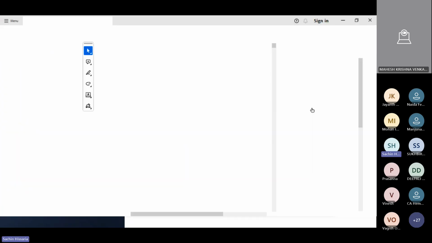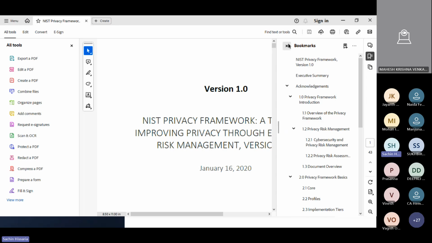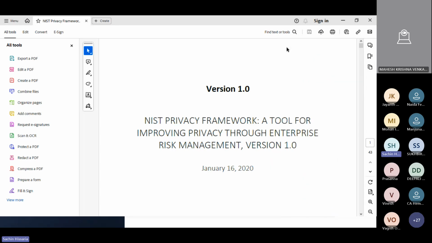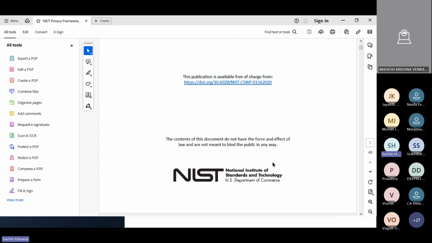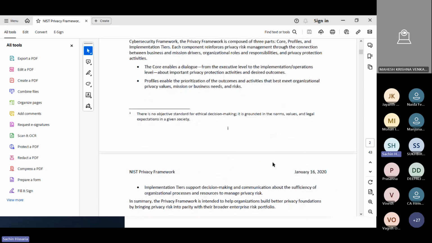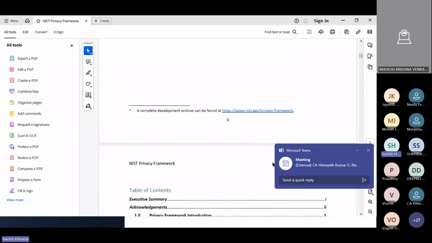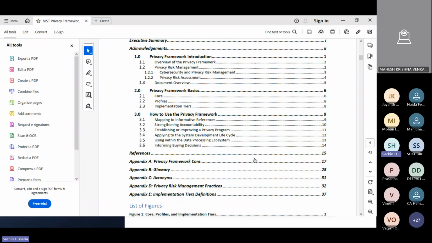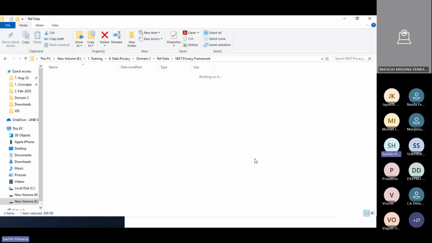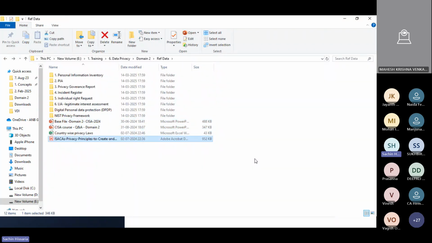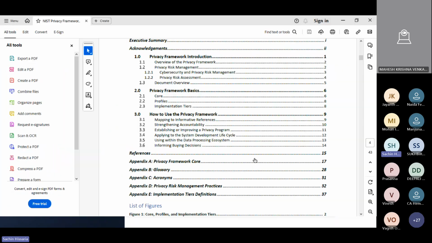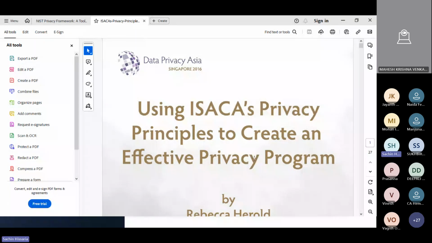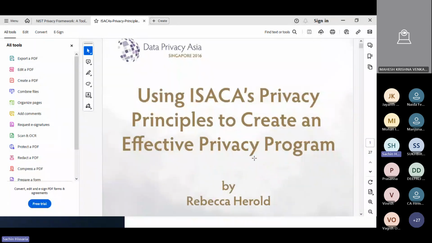NIST also has its own privacy framework, as you can see here on your screen. This framework prescribes the best practices and controls related to data privacy. Apart from that, ISACA also has its own data privacy framework, known as the ISACA privacy framework.